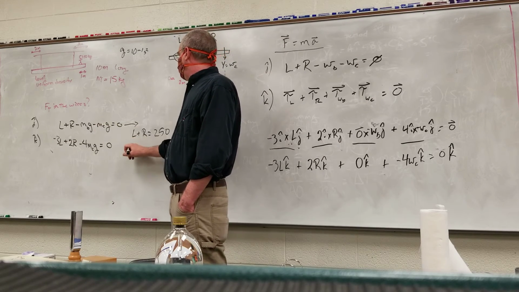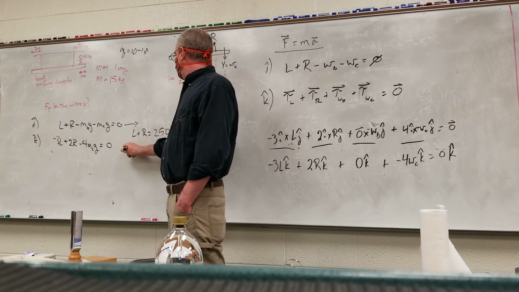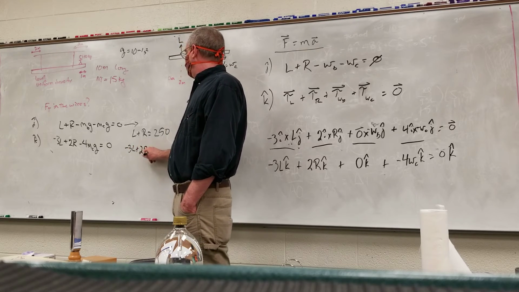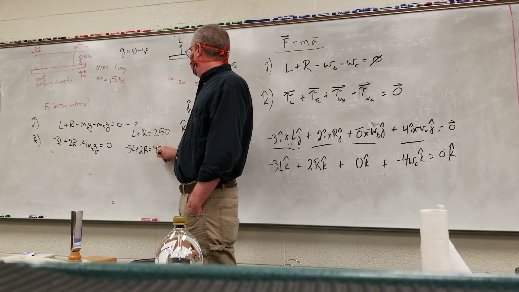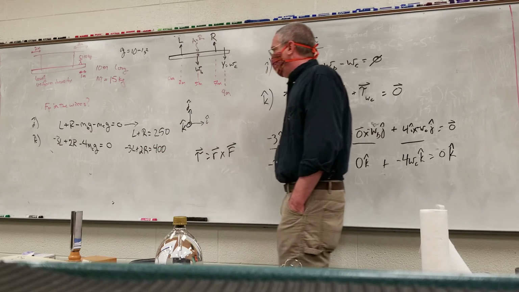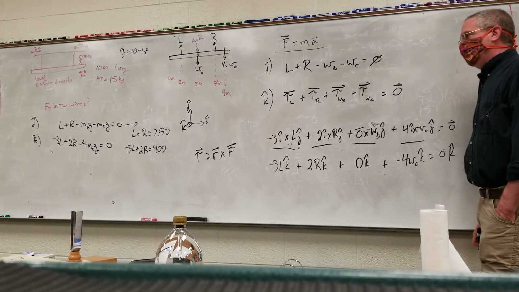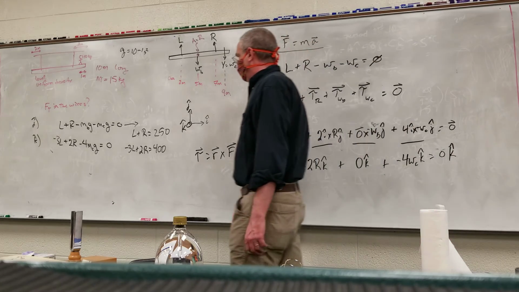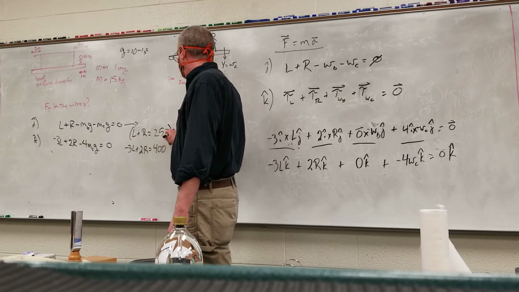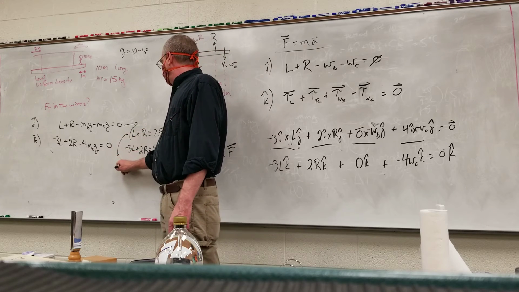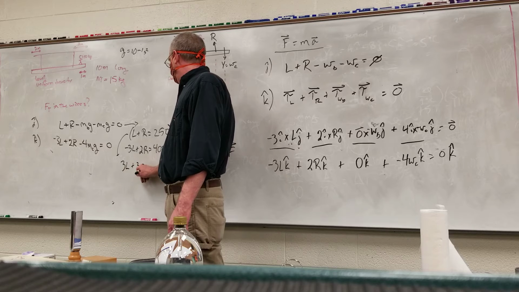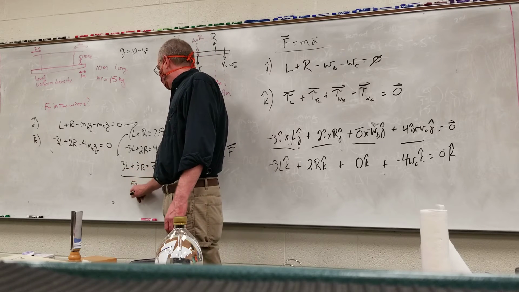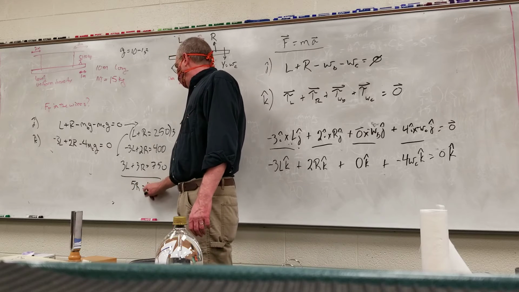And down here, this would be negative 3L plus 2R is equal to 400. And at this point, it depends on how you like going about solving it. I'm just going to multiply the top one by 3. So this becomes 3L plus 3R is equal to 750. 5R is equal to 1150.